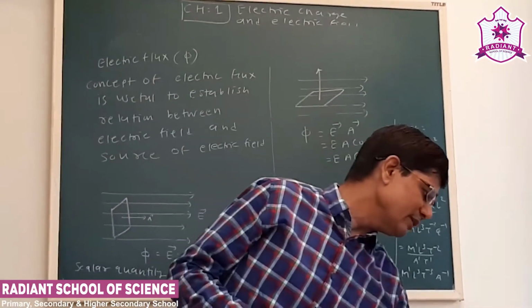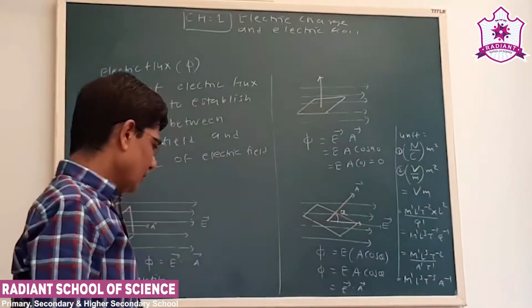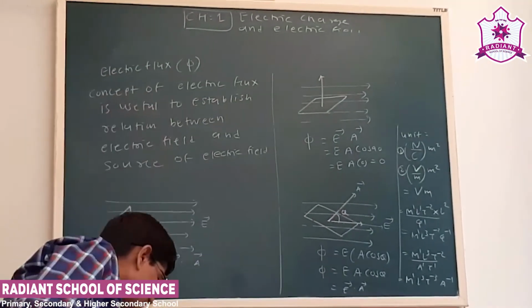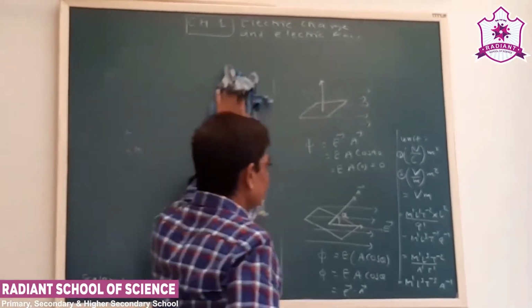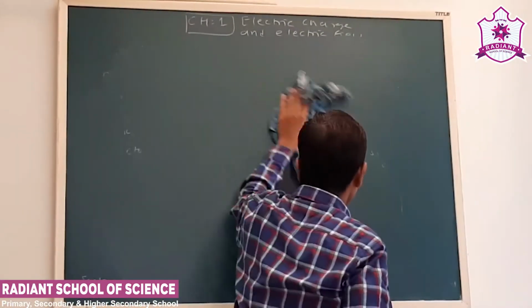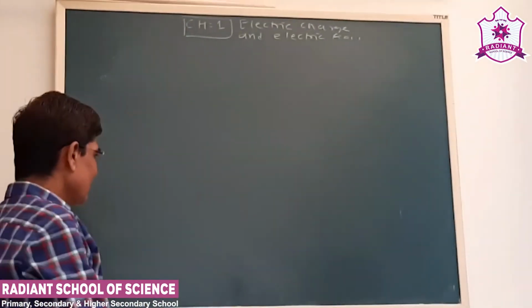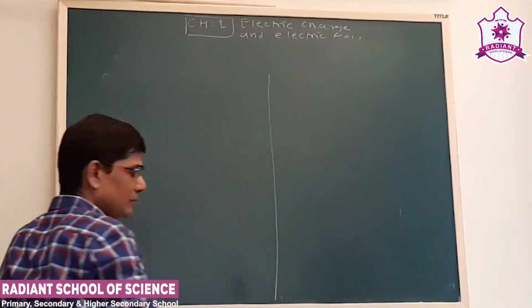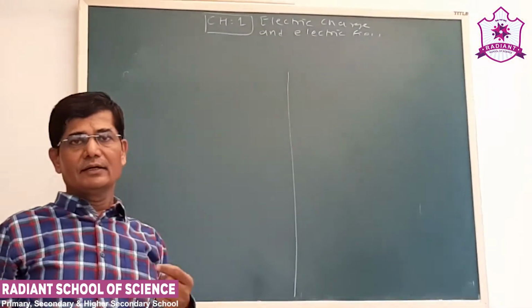Now next we have to see about the Gauss law for the electric flux. Okay, next topic is Gauss law. Now just now we have talked that the concept of electric flux is useful to establish the relation between electric field and its sources.